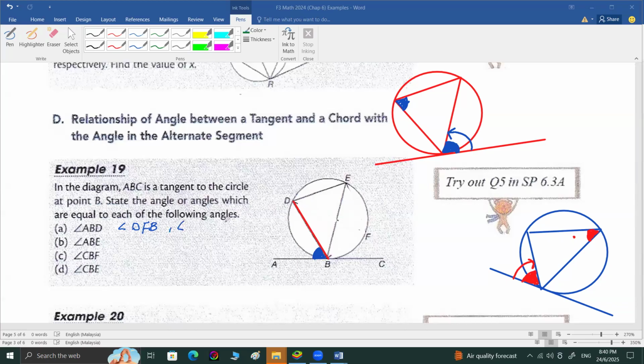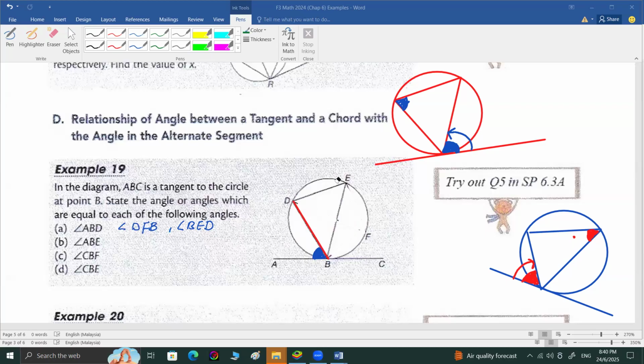So the angle is BED. Can you understand so far? So it's the same for the rest. The rest means you see which line the angle touches, then relate to which triangle. Got it? Now one more, I explain one more, then I continue the question.